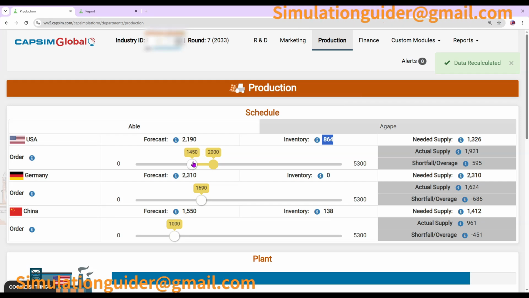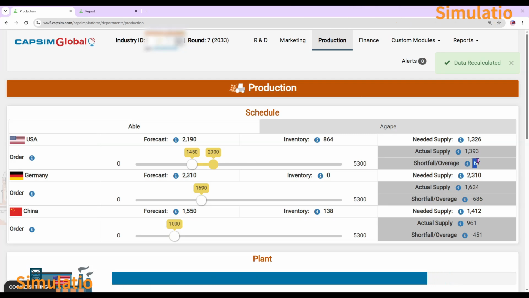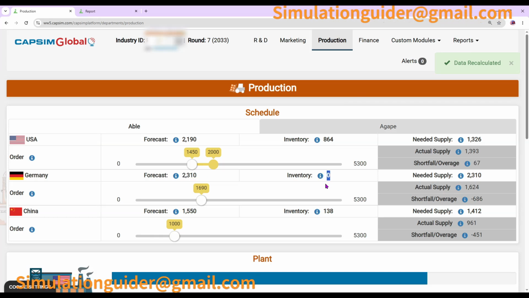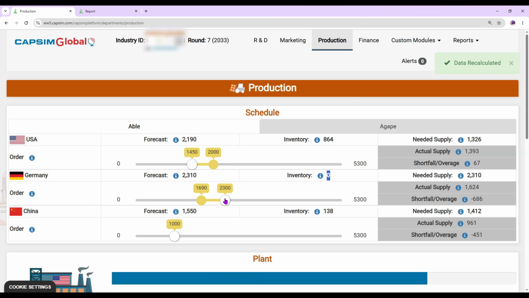If you produce 1470, you'll see that you'll have an average of 67 products, which is quite fair. For the second market, Germany, still Able, the forecast is 2310, the inventory is 0, so I'm going to produce around 2310 products.